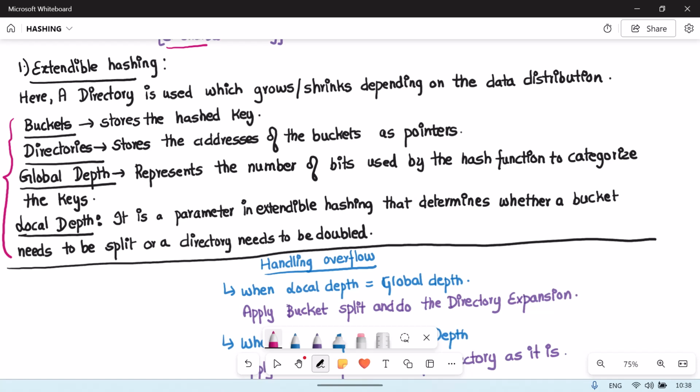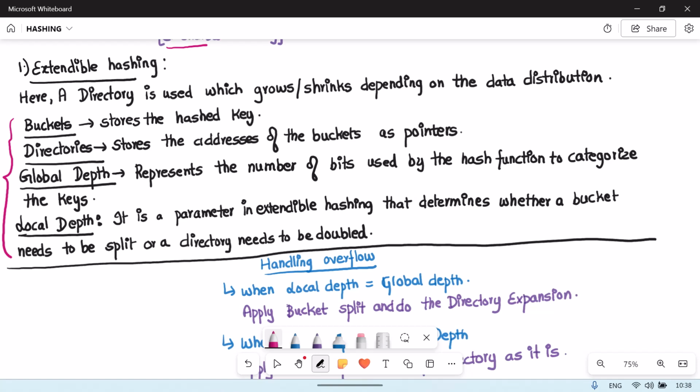In a hash table, there used to be only one table whose size is fixed. Whereas in the case of buckets, you can expand the number of buckets, or you can delete buckets. So buckets are used for storing your hashed keys.